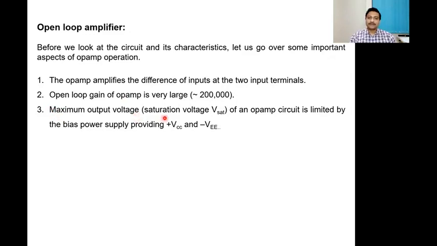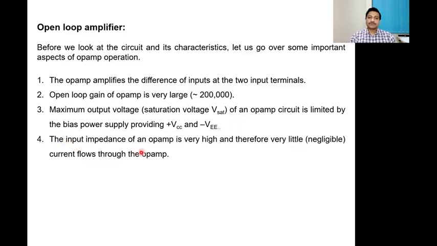The maximum output voltage, or the saturation voltage as it is called, of an op-amp circuit, is the maximum output that it can deliver, and it is limited by the bias power supply providing plus VCC and minus VEE. That means the maximum output or the saturation voltage will be close to this. And as I explained during the discussion on characteristics of operational amplifiers, it will be slightly lower than these limiting values because of the forward drop in the transistors.